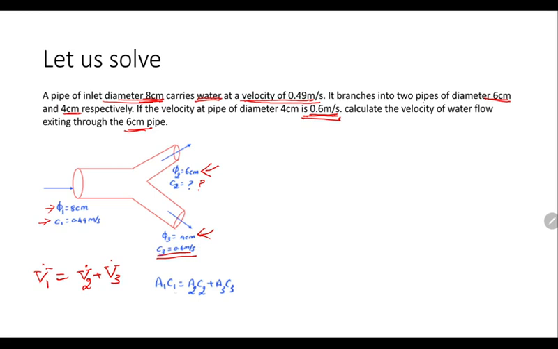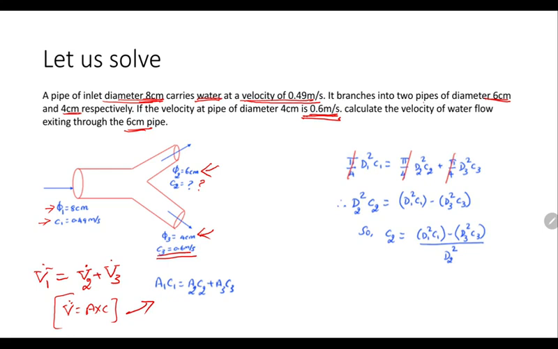I've just rewritten the equation. V dot is nothing but area times velocity. So area 1 times velocity 1 equals area 2 times velocity 2 plus area 3 times velocity 3. All that I've done is expand them, because it's a circular cross section.